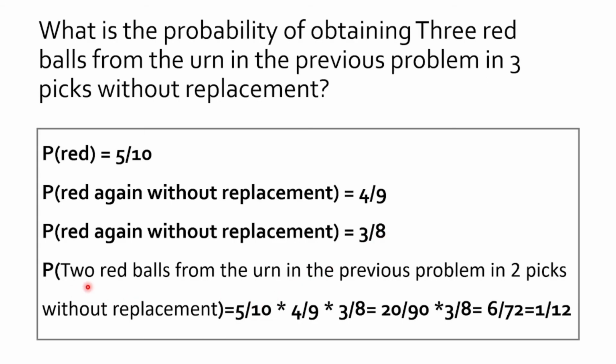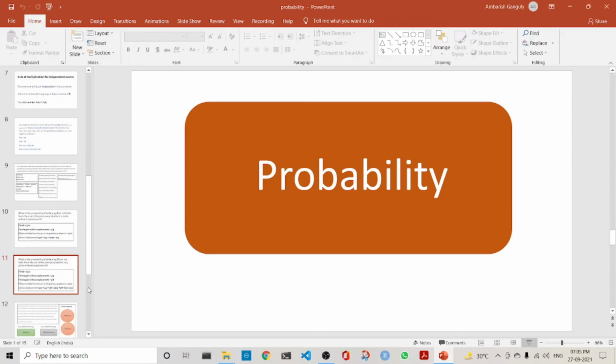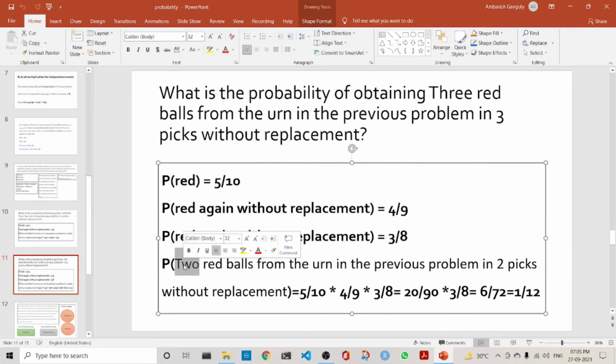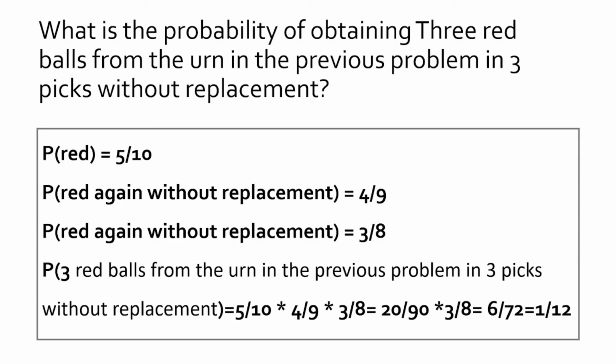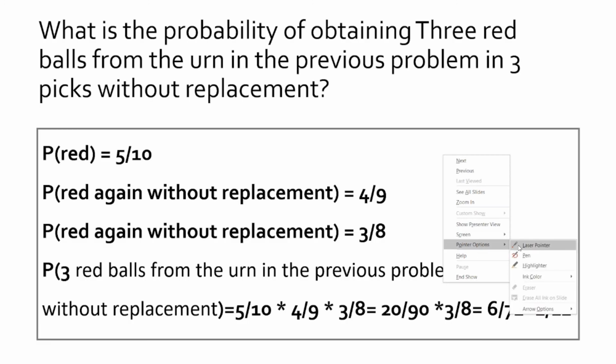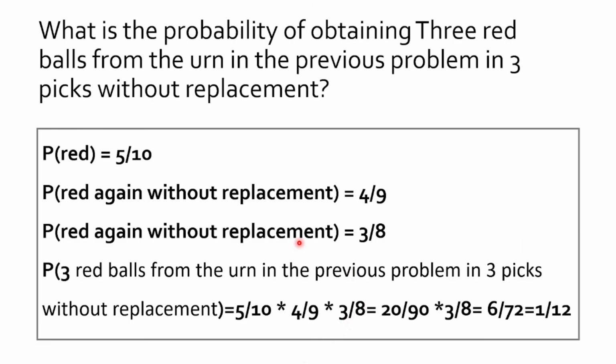So the probability of 3 red balls from the urn in the previous problem in 3 picks without replacement is 5 by 10 times 4 by 9 times 3 by 8, which is equal to 1 by 12.